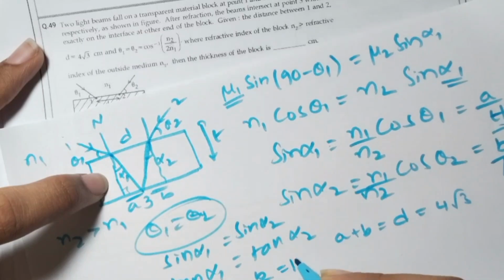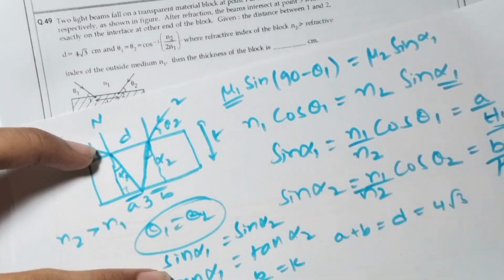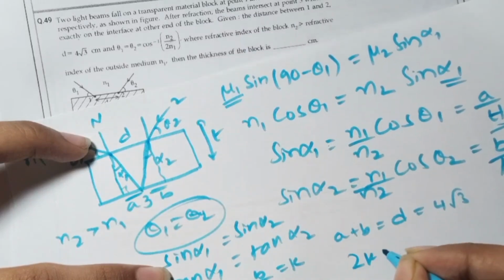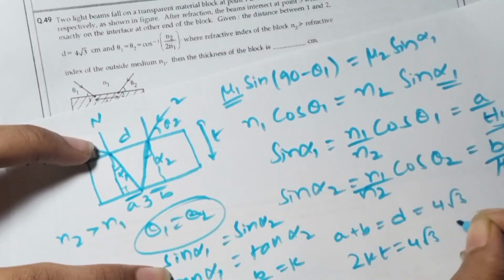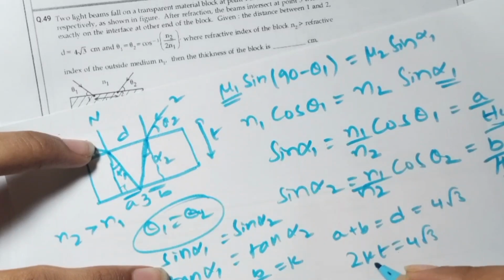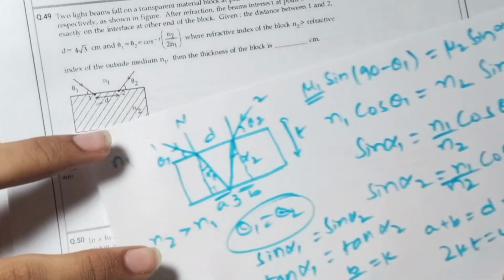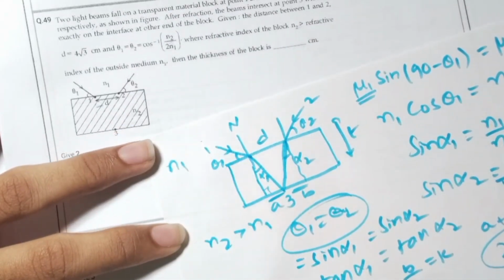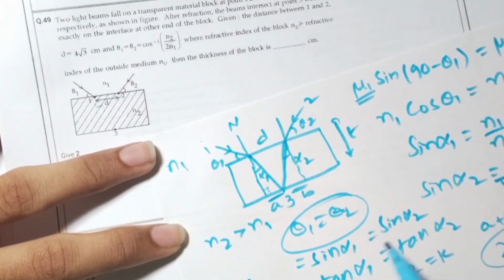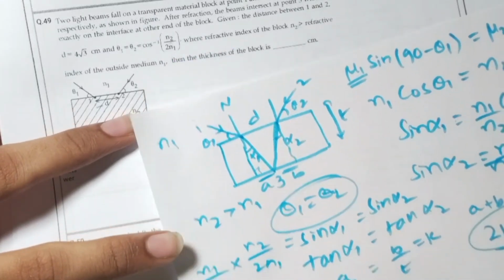If I assume this K, A equals KT and B equals KT, so 2KT equals 4 root 3. We don't know this K, right? Okay, leave it like this. So sine alpha 1 we have n1 by n2 times cos theta 1, which is n2 by 2n1.